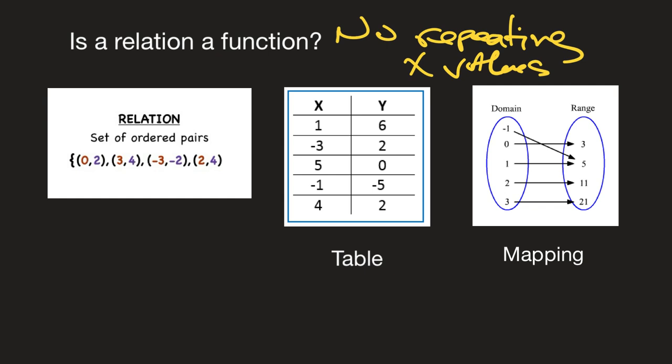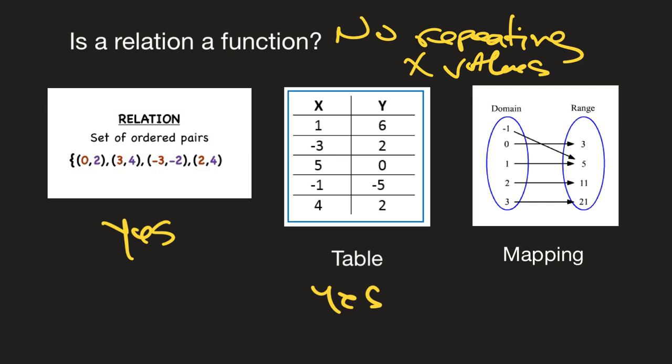In this relation right here with these ordered pairs, you've got X values of 0, 3, -3, and 2. Any repeating X values? Nope. So you would say, yeah, that's a function. That qualifies as a function. In that table right there, you find the x column. Are there any repeating x values in that x column? Nope. So you would say yes, that is a function.